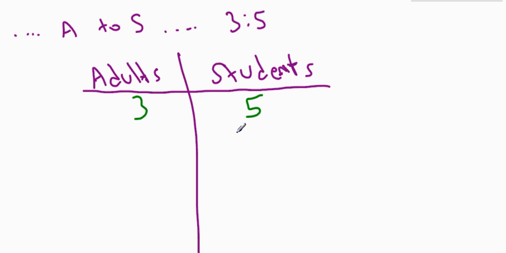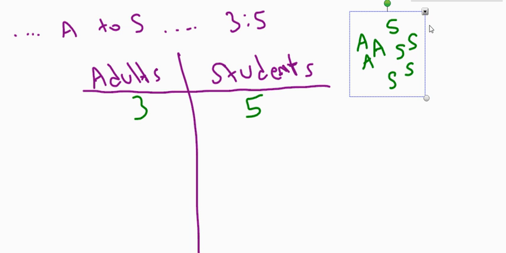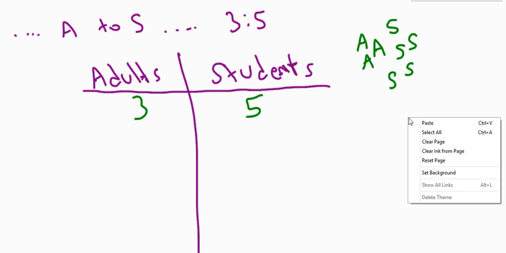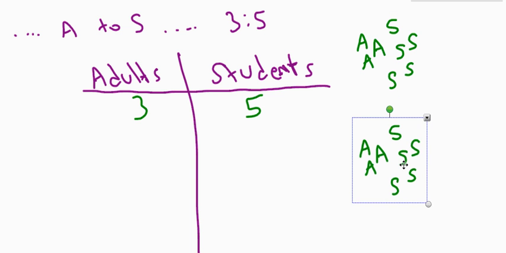It means that for every 3 adults, so every grouping of 3 adults, there were exactly 5 students to match. So that means there could have been 8 people, 3 adults and 5 students, or maybe there were 6 adults and 10 students.